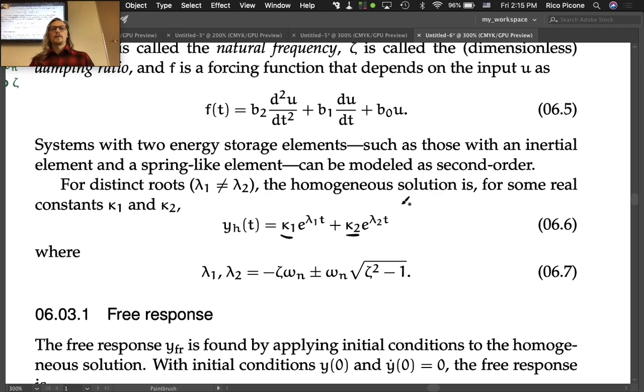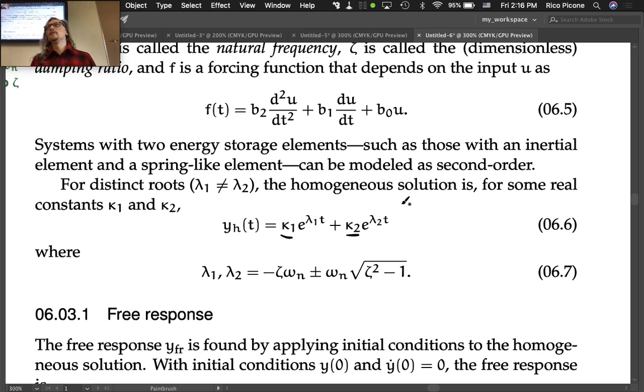But we are setting ourselves up for doing these solutions. We're going to approach this by finding free response solutions, and then later we're going to find forced response solutions. So the free response solution is going to give us something to go back to. If we need to know what the free response is for a system, we can just go to the free response solutions that we'll develop here.